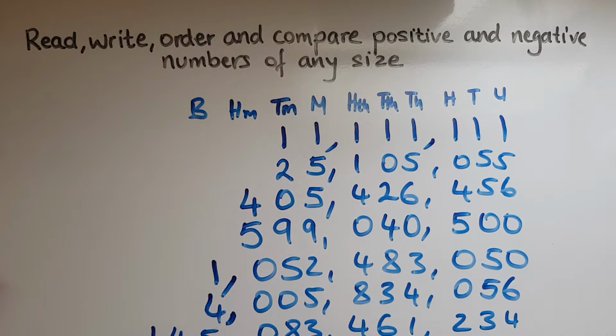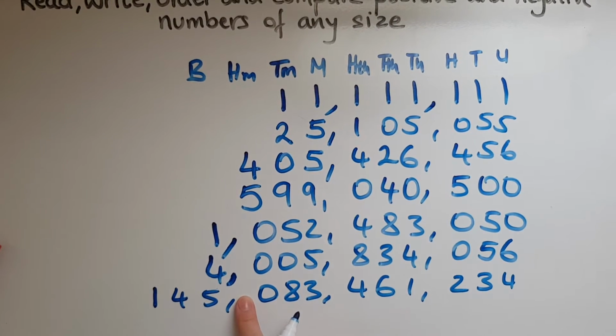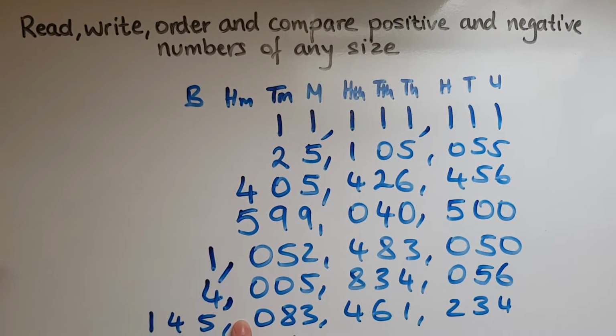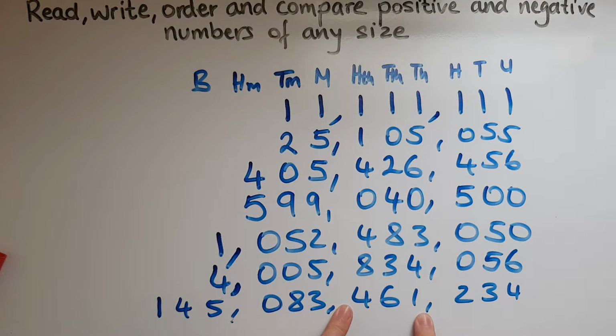So I'll know that this is the units, tens and hundreds, and then going on to the thousands, millions, so this must be the billions. So I'll start with the billions and say 145 billion, 83,461,234. So commas are really important.